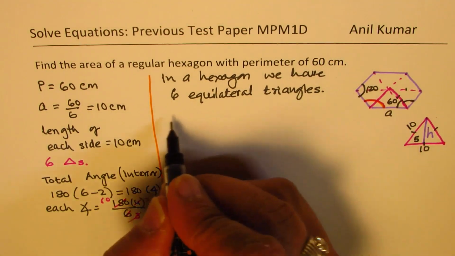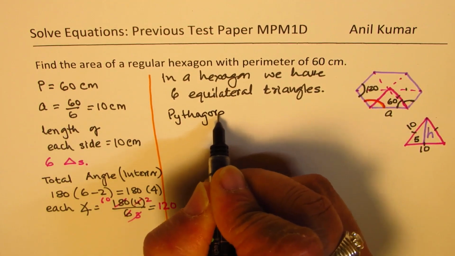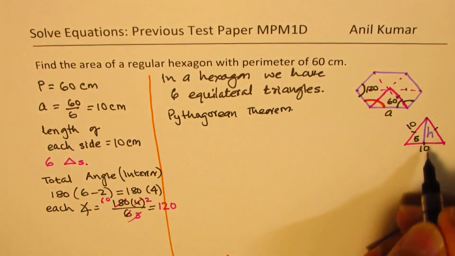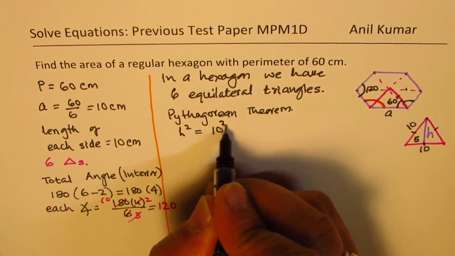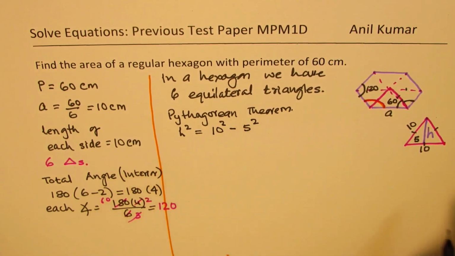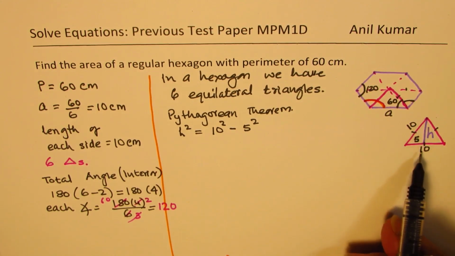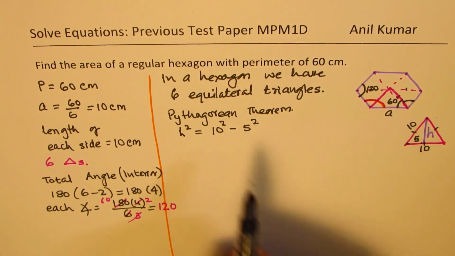So, using the Pythagorean theorem, we can write that height squared is equal to 10 squared minus 5 squared. Correct? This is the shorter side: hypotenuse squared minus base squared. So we are looking at this particular triangle.